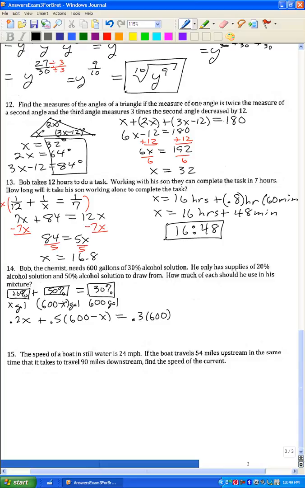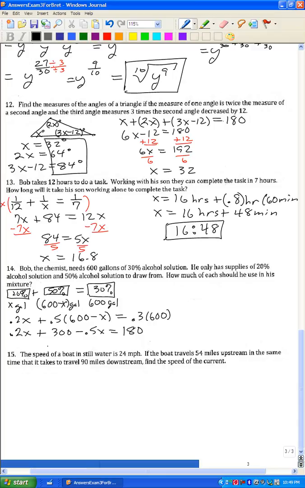So let me multiply this out. So 0.2x, 0.5 times 600 is 300 minus 0.5x. 0.3 times 600, 180.